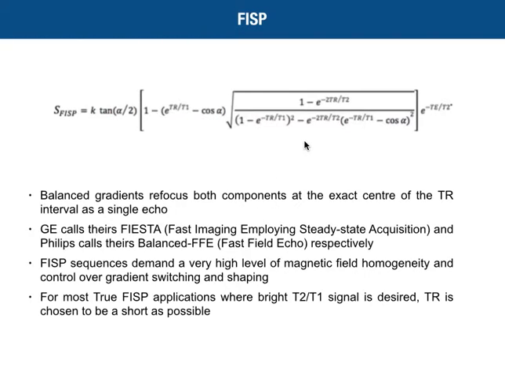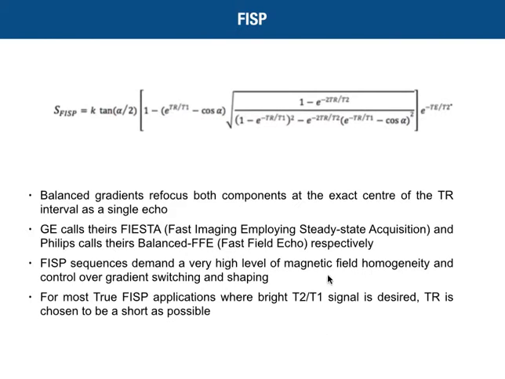The balance gradients refocus both components at the exact center of TR intervals, and they're doing it as a single echo. So this pulse structure has different names, and one of the well-known names is Fiesta, which stands for fast imaging employing steady state acquisition, and as it was the case for PSIF, Philips and other well-known MRI producing firms call their own versions.